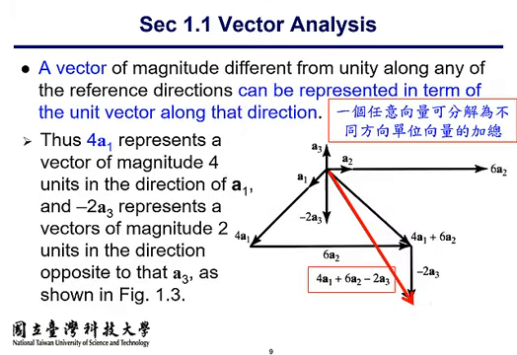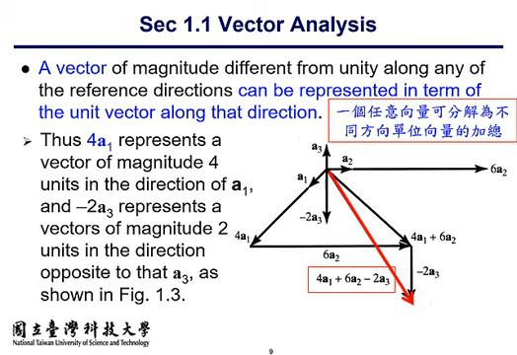All right, the concept shown here is the representation of a vector, which means that a vector can be pointing arbitrarily in space, and its projections can be described as a sum along reference directions. So for example, here you have 3AX plus 4AY plus 5AZ.